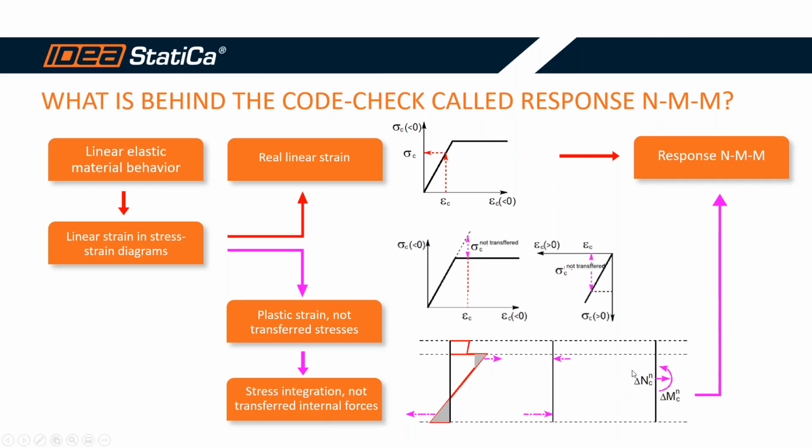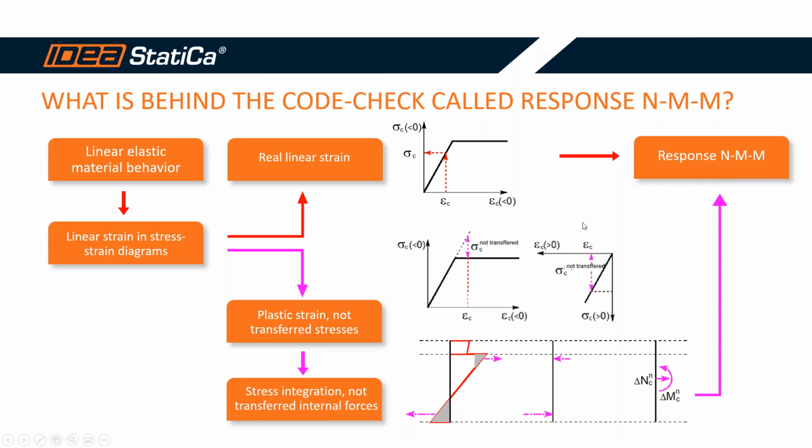This is the iteration process. We need to find the equilibrium, so we need to look for the position of the neutral axis, or find the plane of strain. Once we find it, we can say that we have the response.